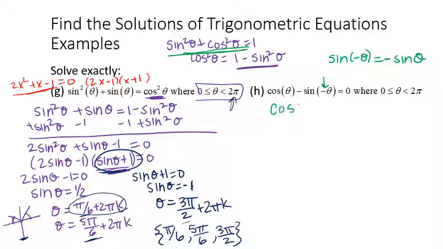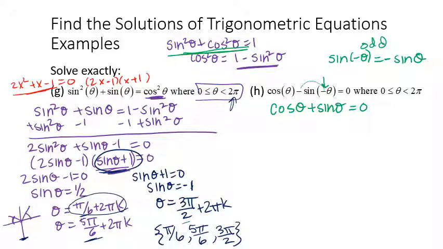So that gives me cosine of theta plus sine of theta equals 0. The reason I did that is I took that negative and moved it on the outside. Negative, negative becomes a positive. Okay, using that whole concept that we learned earlier, that sine is an odd function.